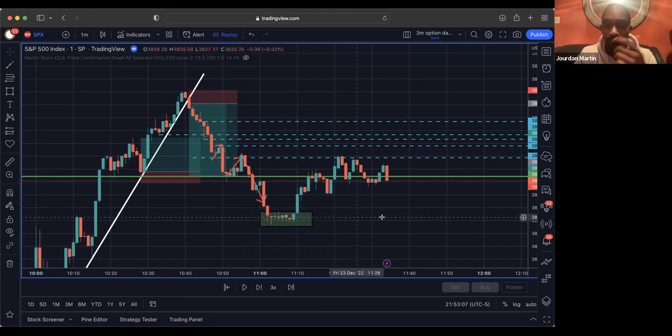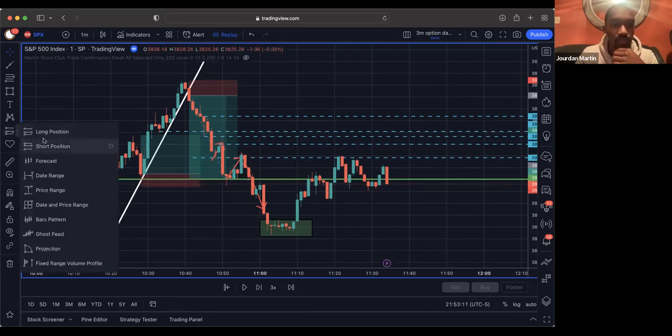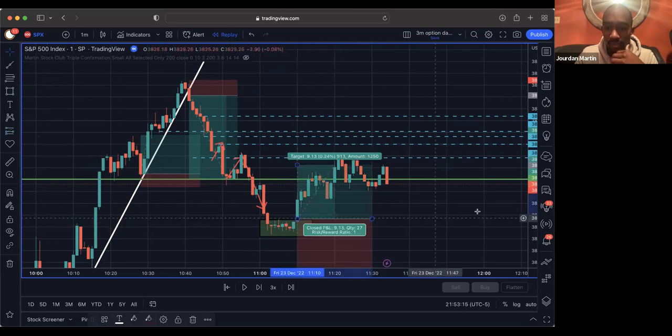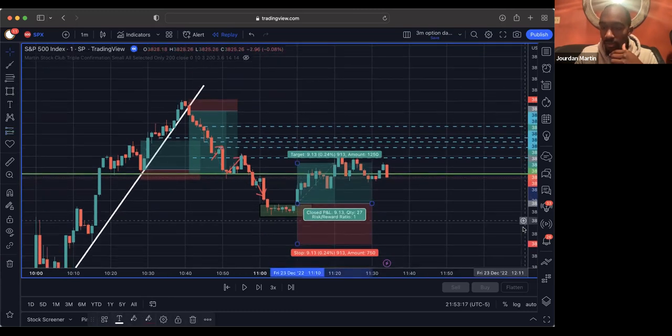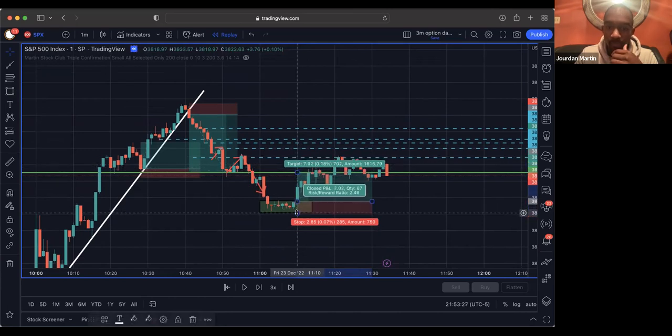You got in. And the beautiful thing about it is when you start lining up your trades, you get in right here, you target your previous resistance, and your stop loss is right below the previous low.